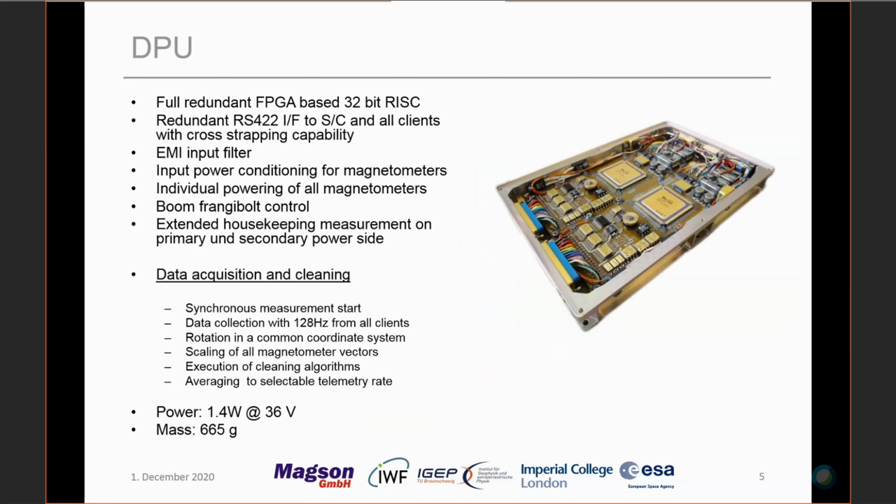The next step is a rotation of all vectors into a common coordinate system and the scaling of the vectors, followed by the execution of the cleaning algorithm. And the last step is averaging to an adjustable data rate. The power consumption of the DPU is less than 1.5 watts.